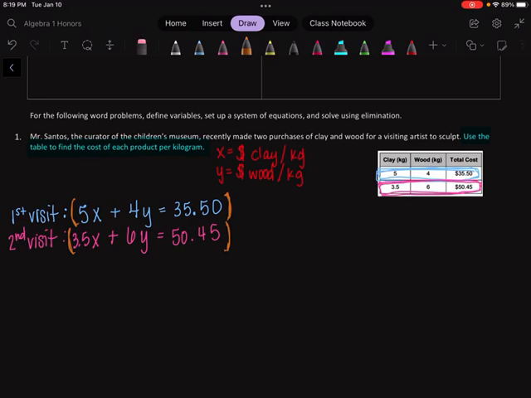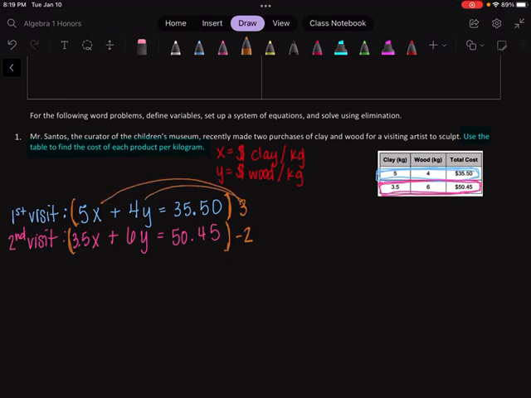So if I multiply the top one by a positive 3, I would get the y to be 12y. If I multiply the bottom one by a negative 2, I would get a negative 12y. So we'd have positive 12 and negative 12, which are opposites. So again, you could put those numbers on the front of it or on the end of it.